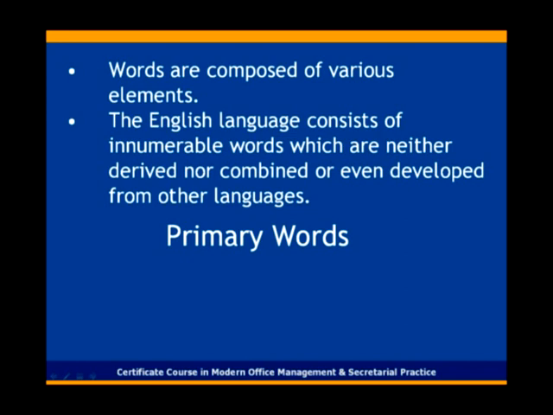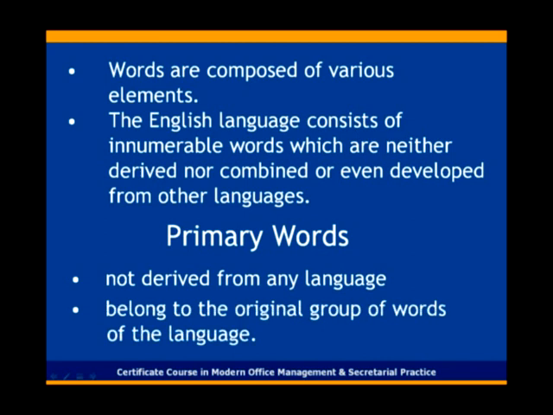Such words are known as primary words. In other words, such words are not derived from any other language, and they belong to the original group of words of the language.